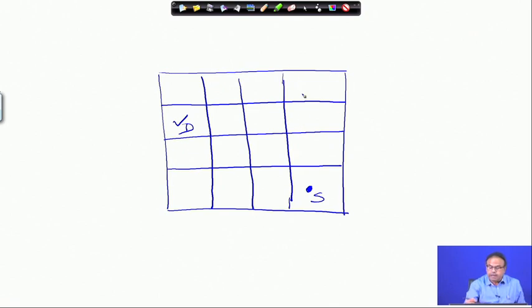From any of these places I have got 3 moves. So, either I can have an up move, I can have a down move, I can have a diagonal move.